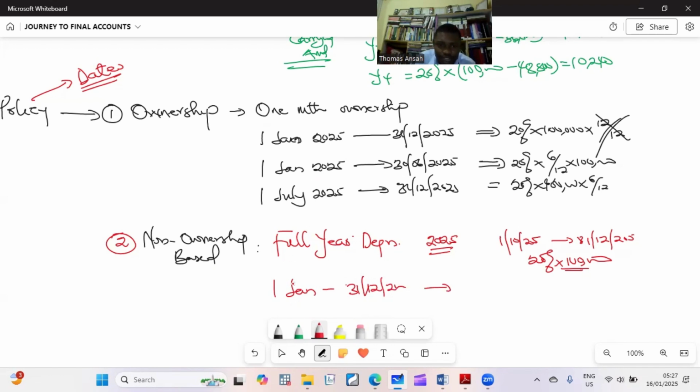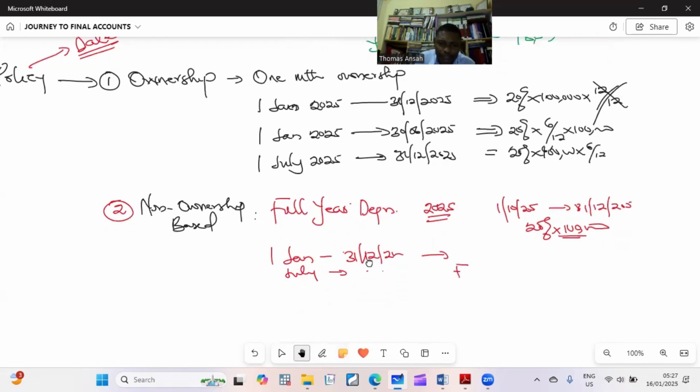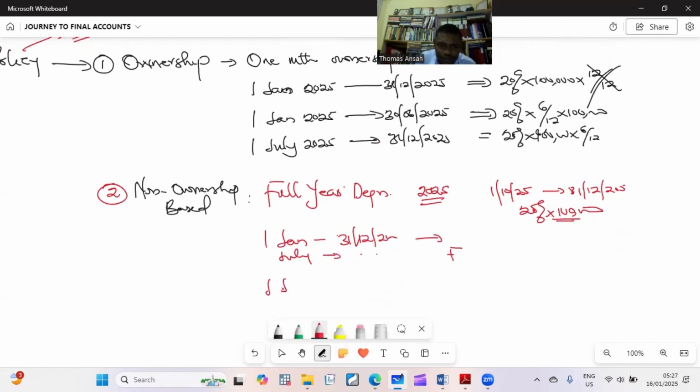If I buy it in July and still I didn't sell it, full year. But if I buy it 1st January and I sell it 1st February, he said in the year the asset is sold, there is no what? Depreciation. There wouldn't be any depreciation. So the policy is English. You have to understand the policy.